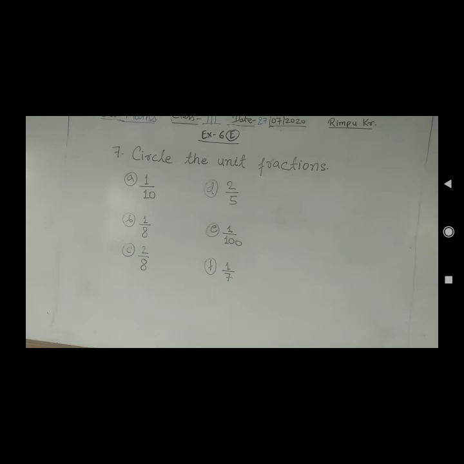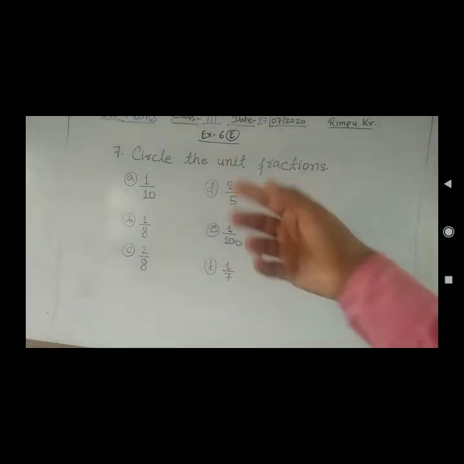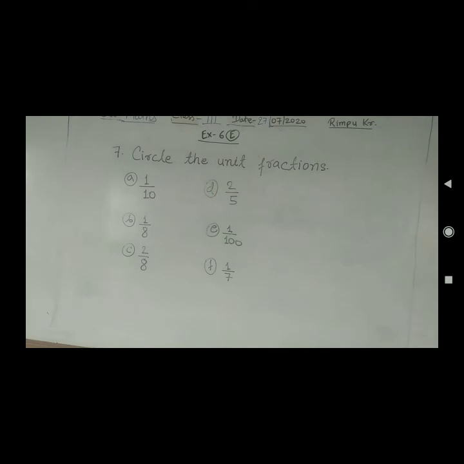Hello, guys. As we earlier learned definitions, circle the unit fraction. Unit fraction is a type of fraction whose numerator is 1. Now check the questions in this question number 7 whose numerator's value is 1.